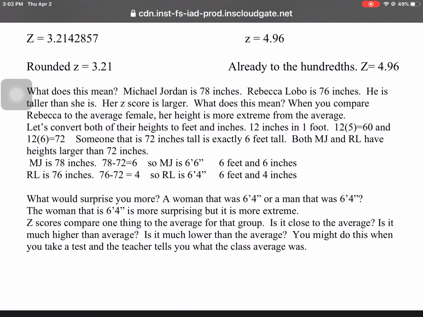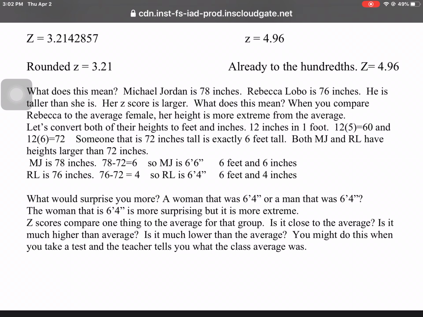Let's convert both of them to feet and inches. There's 12 inches in 1 foot. 12 times 5 equals 60. That means somebody that's 5 feet tall is 60 inches. What about 6 feet tall? 12 times 6 equals 72.